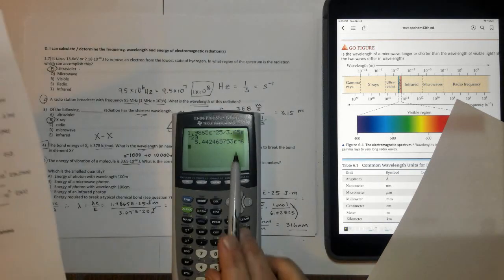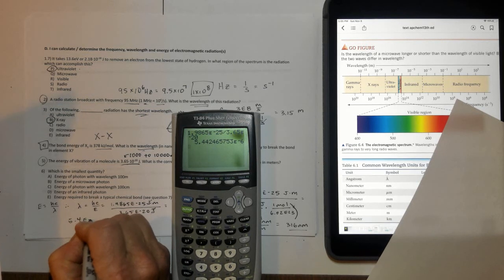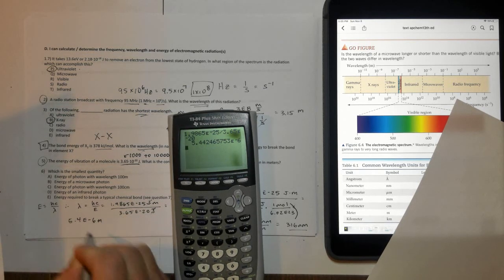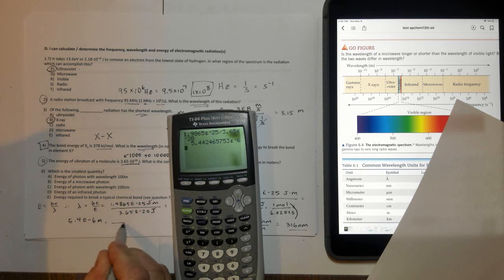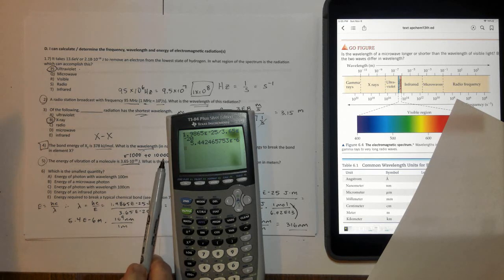And lo and behold, that's about what it is, 5.4 times 10 to the negative 6th meters. And then if I wanted to convert that to nanometers, remember that in 1 meter there are 10 to the 9th nanometers. Add those exponents, I'd have about 5,400 or so, which is between 1,000 and 10,000 nanometers, just like I said it would be.